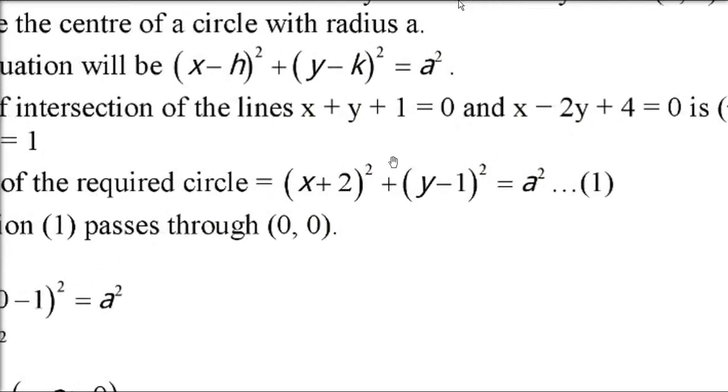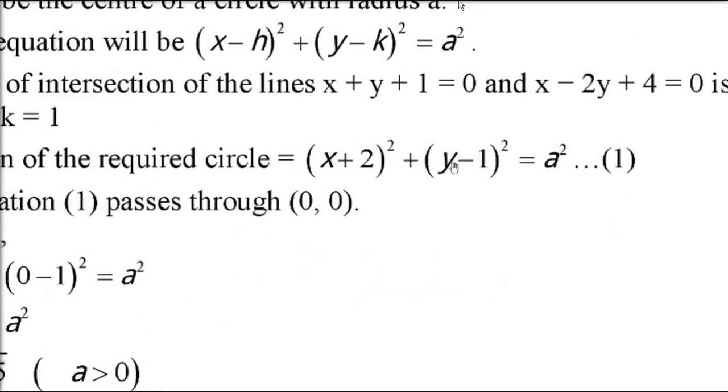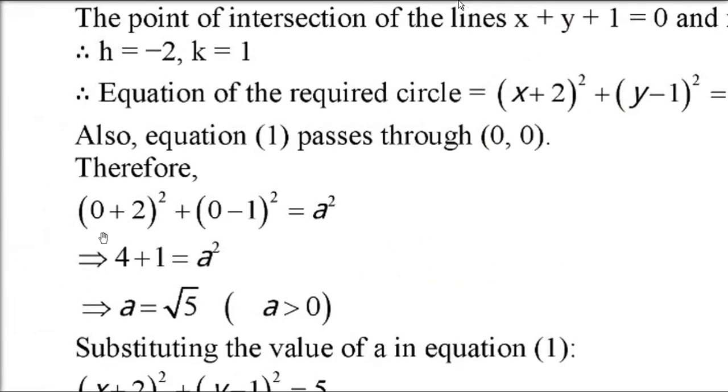But this circle is passing through (0, 0), so you will place x and y as 0, 0. This is x, this is y. Just put this and try to find out a. You will get a as root 5.